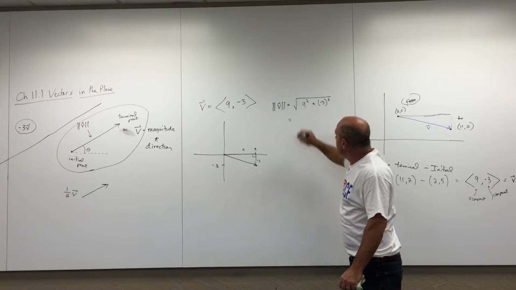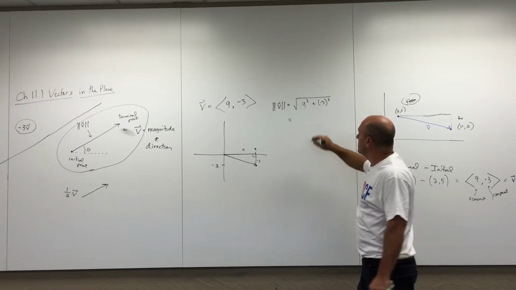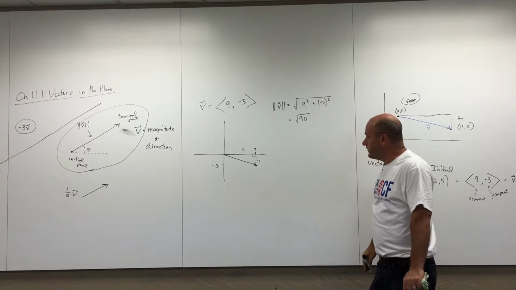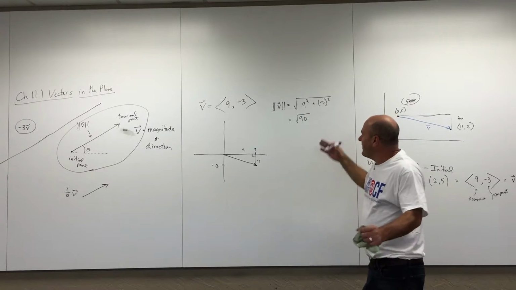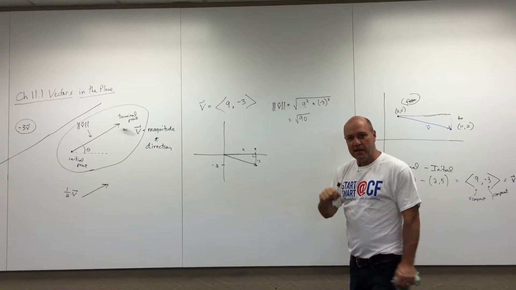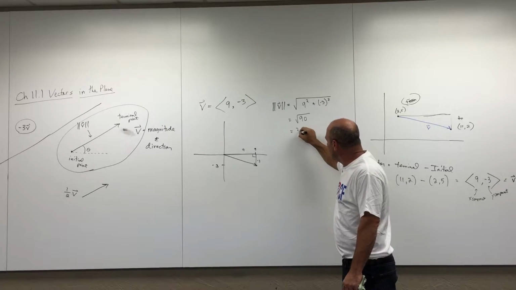So it's 81 plus 9, which is 90, the square root of 90. In a math class, we prefer our exact answers. The square root of 90 is good for me. You could simplify that. That's 9 times 10, so that's 3 square roots of 10.